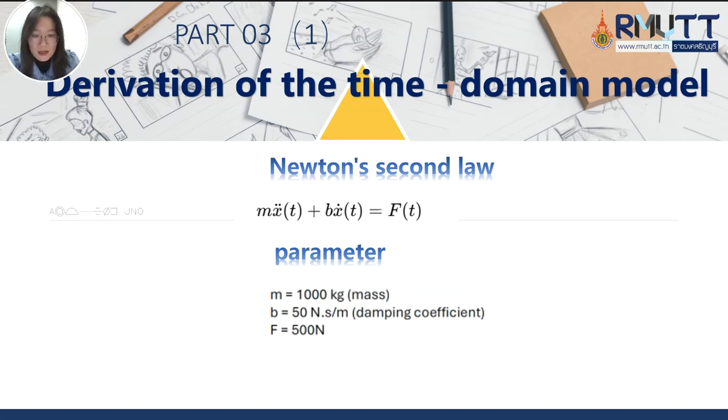Substituting the damping force F1 as B x dot t, and the inertial force F2 as m x double dot t, we can get the time domain model of the system.